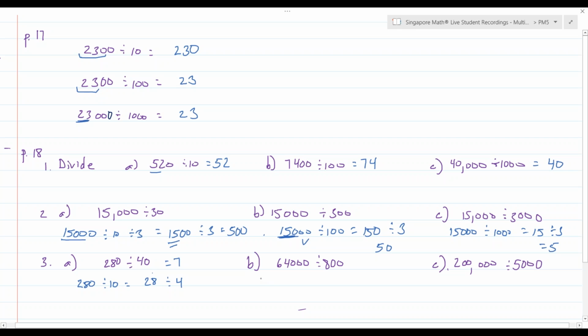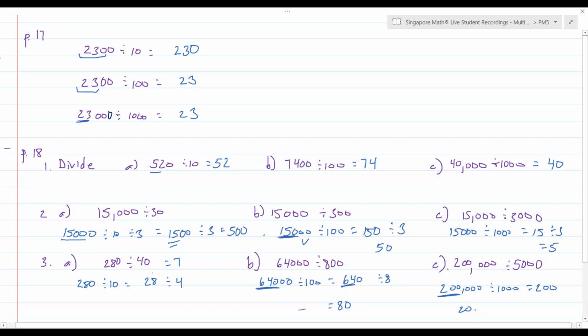64,000 divided by 800. Think of 64,000 divided by 100. That's 640 hundreds. And then we're going to divide that by 8. 64 tens divided by 8 is 8 tens. 200,000 divided by 5,000, we're going to begin by dividing by 1,000, so my result is 200.